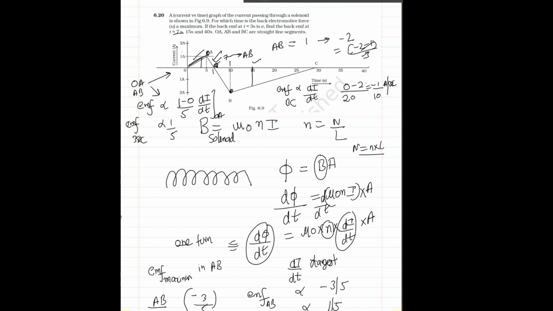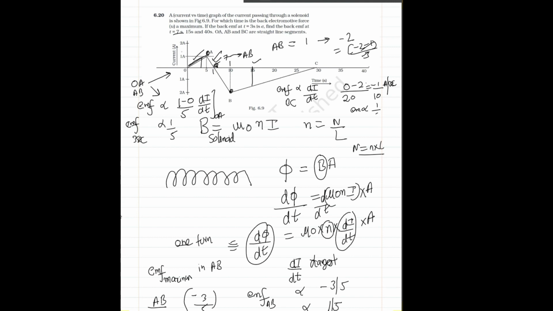So 2 amperes is the gain of current in the last 20 seconds, because it is starting from 10 and ending at 30. So the rate of change of current is 2 by 20, that is 1 by 10, and you can use the magnitude because it's -2 to 0.